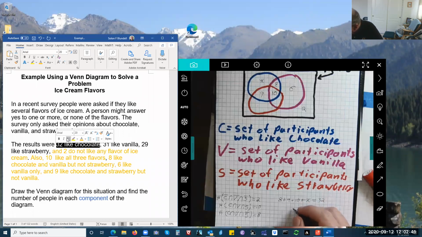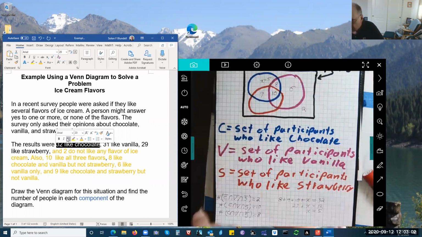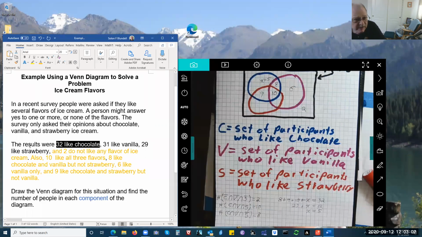So 27 plus x is 32, and 32 minus 27 is 5. So we got 5 people over there. I've used up my information about the chocolate group as a whole.